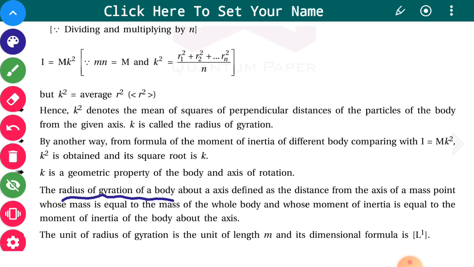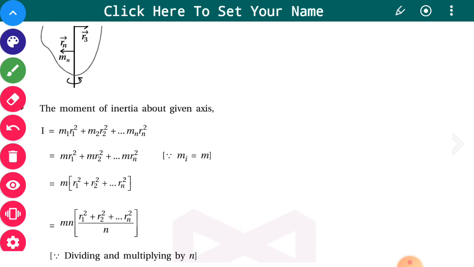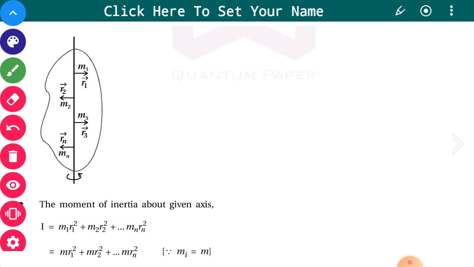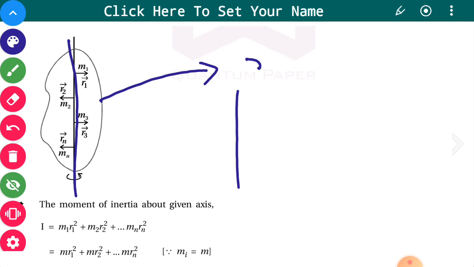Radius of gyration of the body about an axis of rotation is a distance from the axis. Now try to understand this point, distance from the axis. You have this axis of rotation. You consider a particle whose mass is equal to the mass of this rigid body. Mass of the rigid body is M, which is equal to n times m.